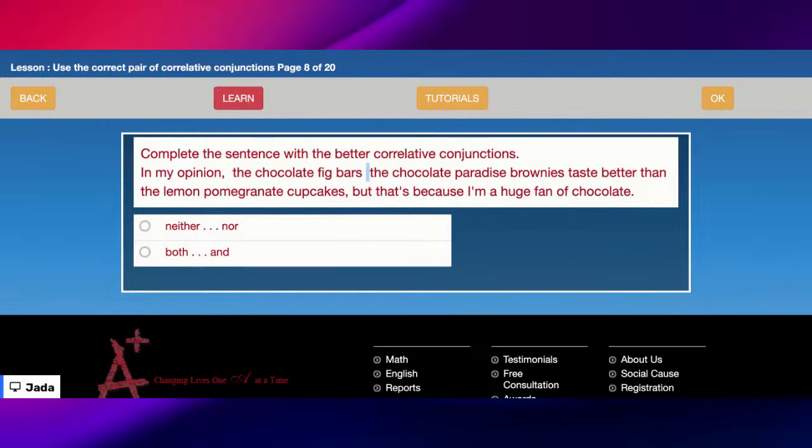Both and or neither? Okay. So we can say neither the chocolate fig bars nor the chocolate paradise brownies taste better than the lemon pomegranate cake.